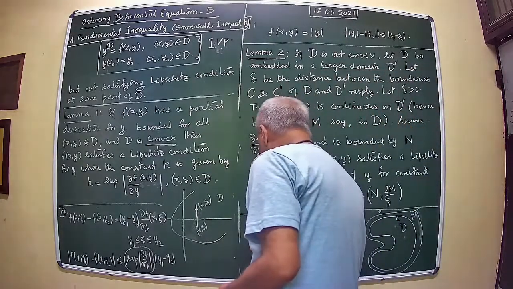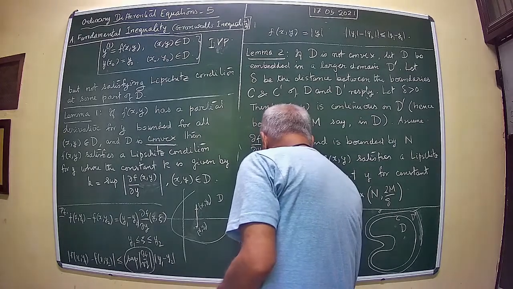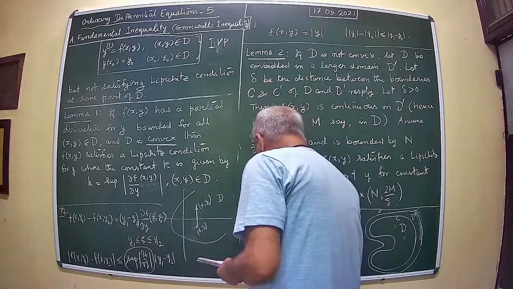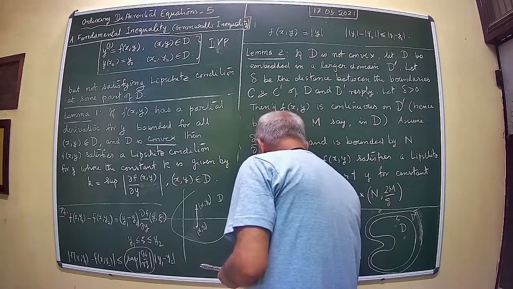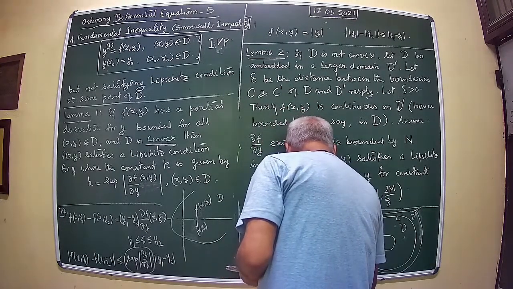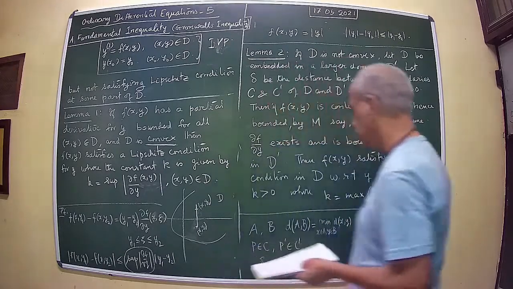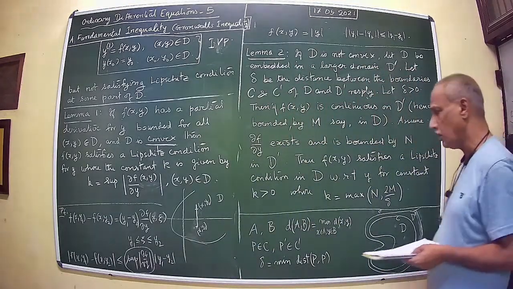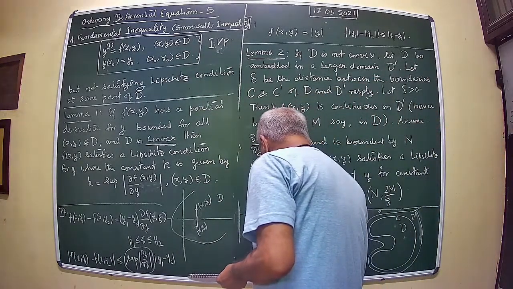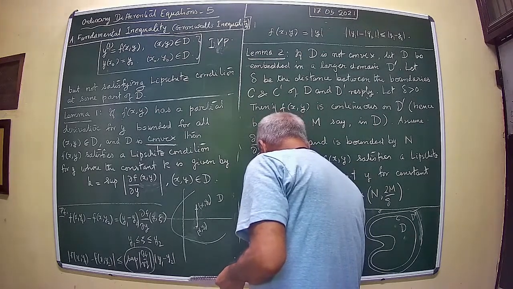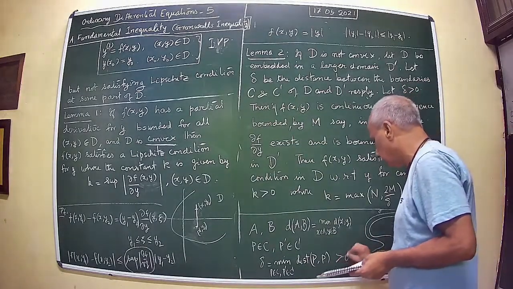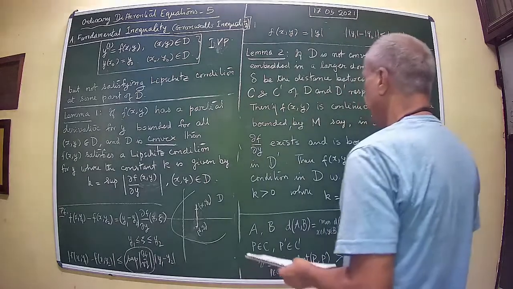Then delta is taken as the minimum of the distance between P and P prime, for all possible P belonging to C, P prime belonging to C prime. This is what you call the delta, and we are assuming that delta is positive. That's the assumption that we have made.